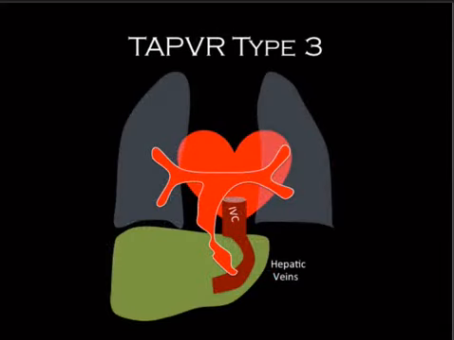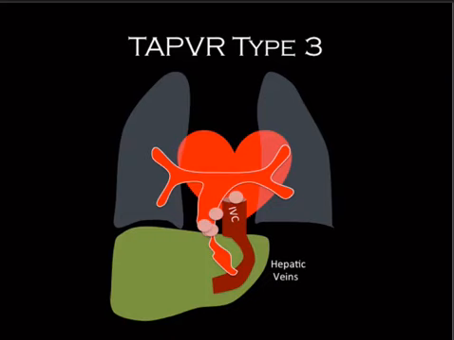So here is type 3, and the situation here is that instead of draining up above into the SVC, it's draining down below. So something like this. I've got blood here, it's draining, but notice that it sort of gets hung up at the diaphragm. As we continue to pump blood, we continue to get hung up at the diaphragm, and like a traffic jam occurs there.